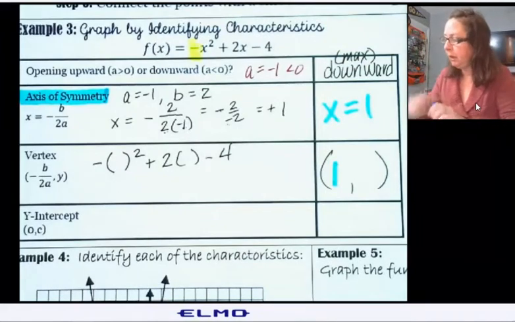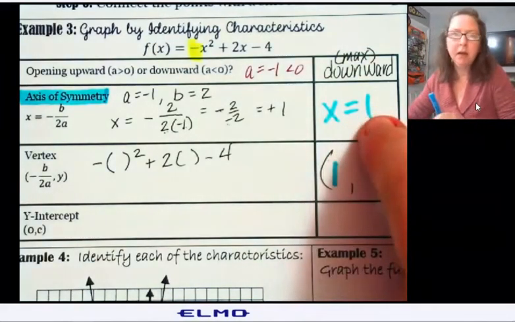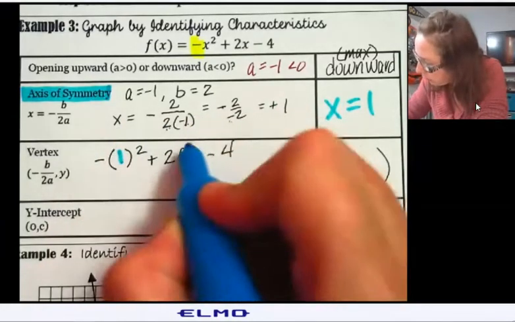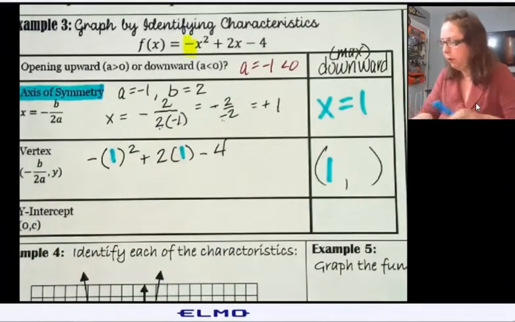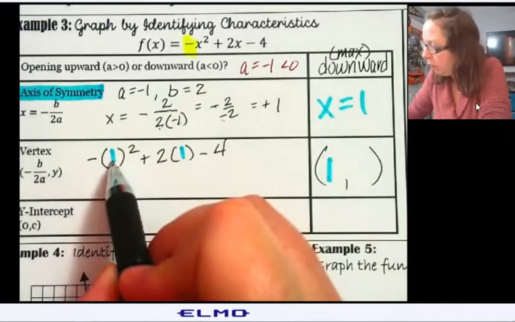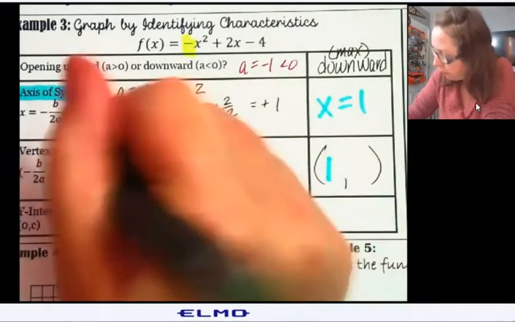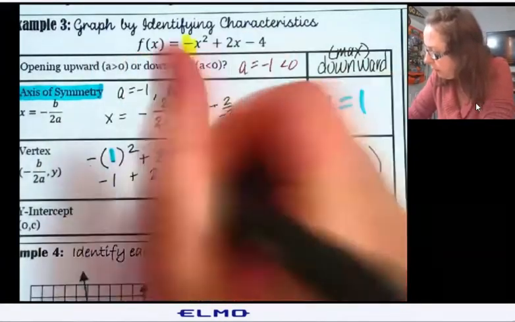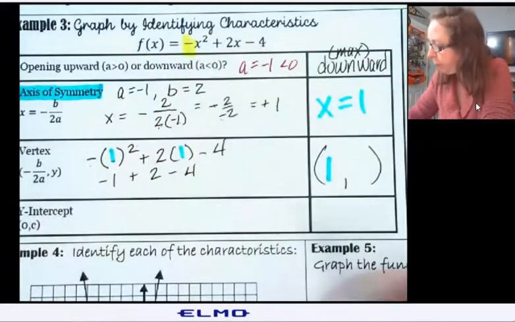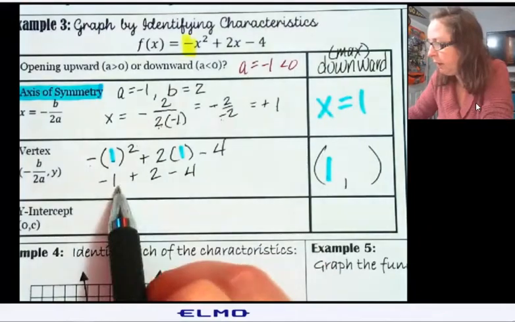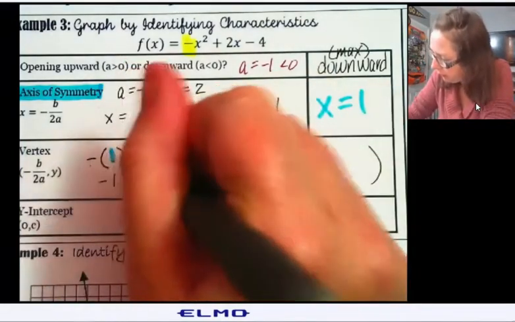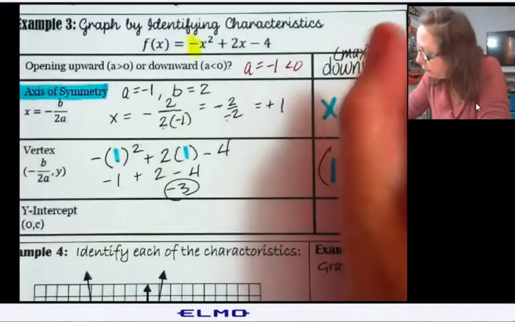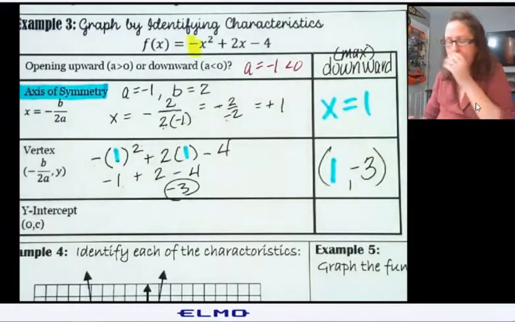So I need to plug in the x value of the axis of symmetry, which is just a 1. So this is 1 times 1, and then bring down the negative, plus 2 times 1 minus 4. And this will be -5 plus 2, which is -3. So the y value of the vertex is at -3.